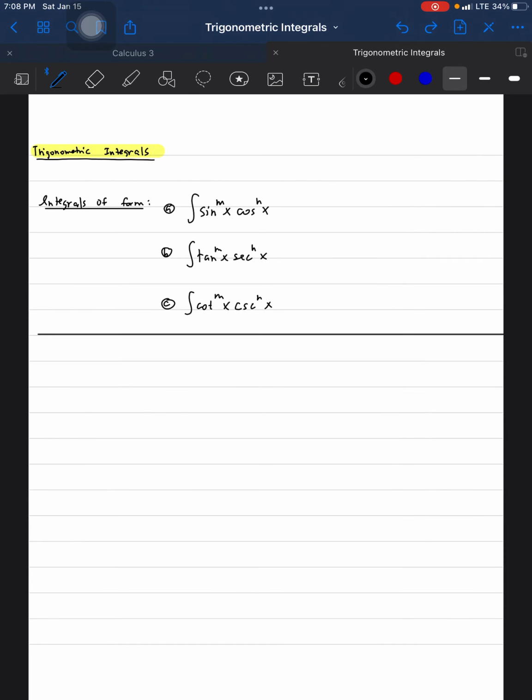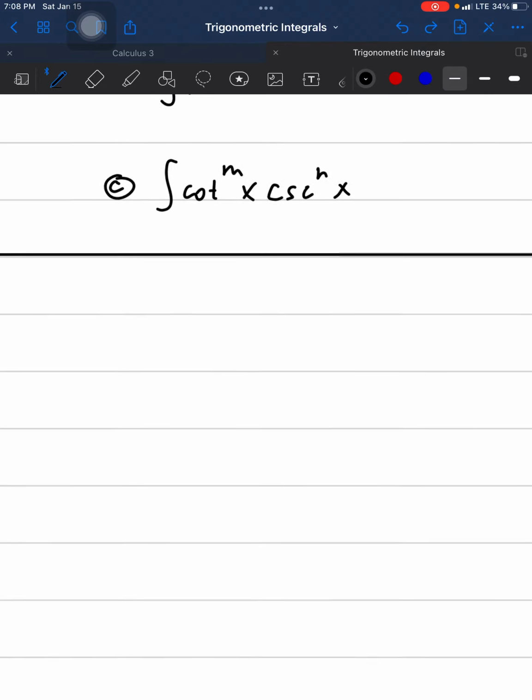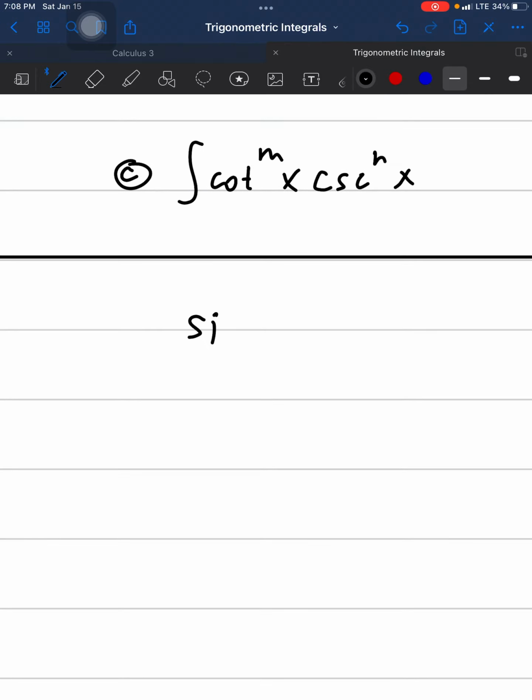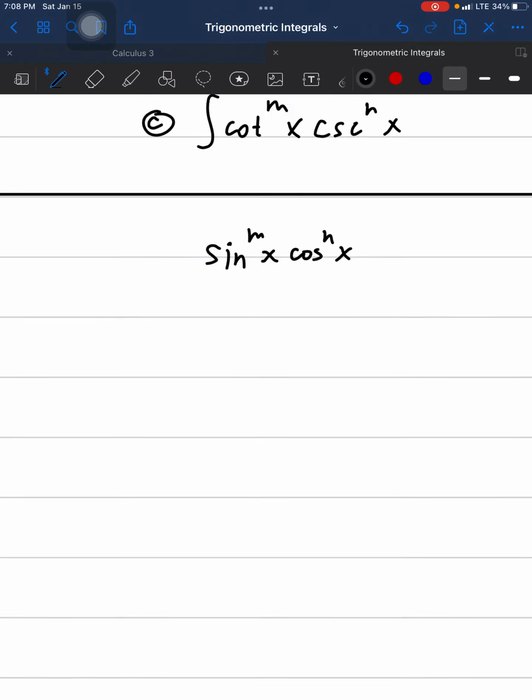In order to solve an integral of this type, there's going to be two cases within this general integral. Whenever we have odd powers and whenever we have even powers, those help us determine if we're going to have to use Pythagorean identities or half angle identities.